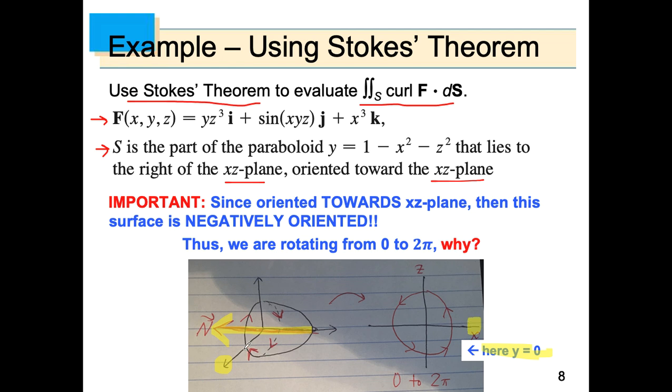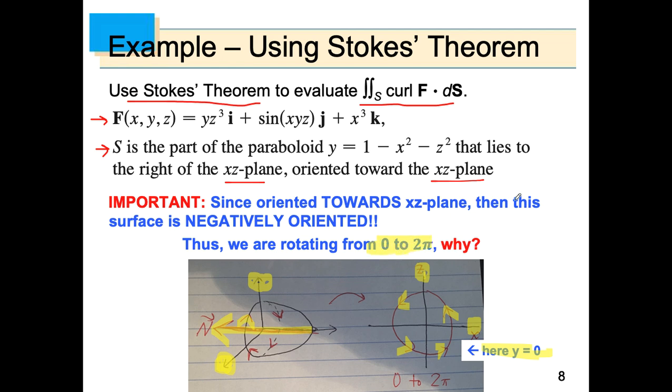And you'll notice that it's being rotated up to the positive z-axis, and then continuing on to 2 pi. Well, the same thing is happening here. We start with the positive x-axis, and it's rotating up to the positive z-axis, and then continuing all the way around back to 2 pi. So hopefully you can see the correlation here, and why we are going to be rotating from 0 to 2 pi.